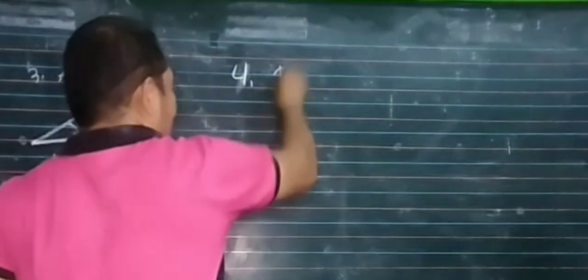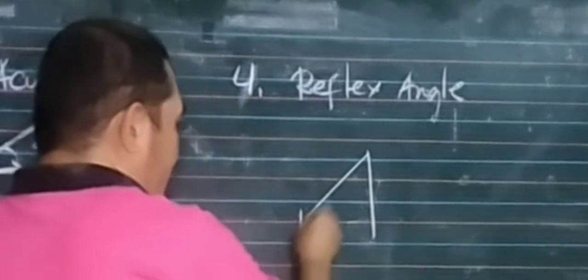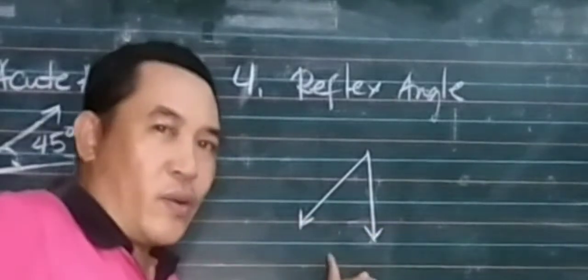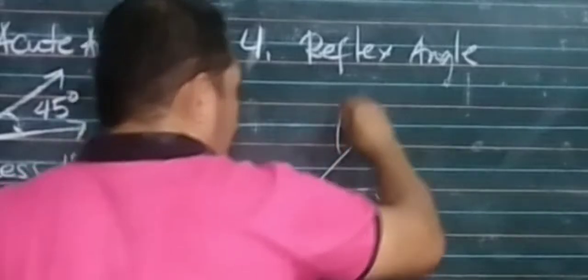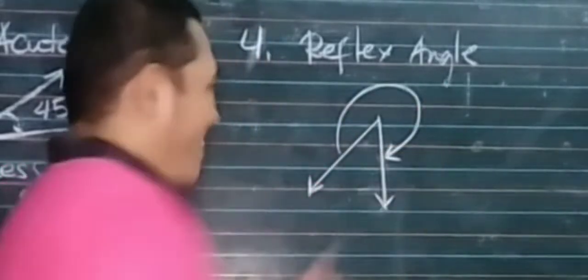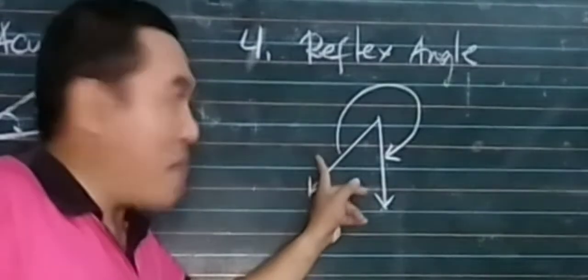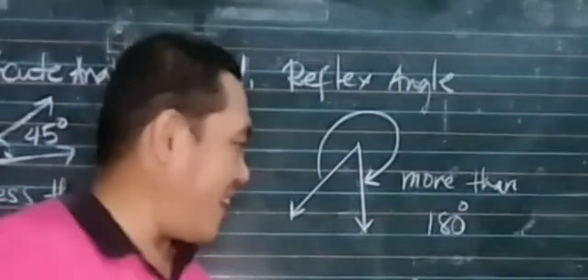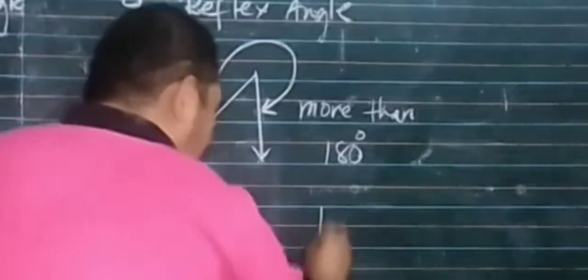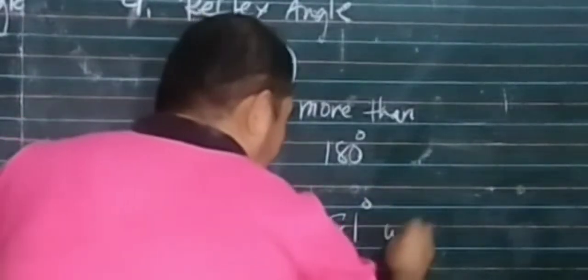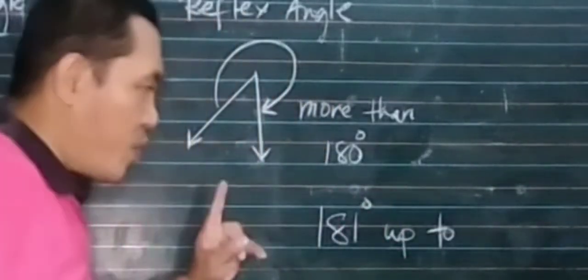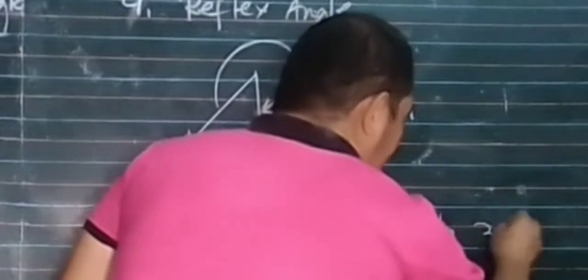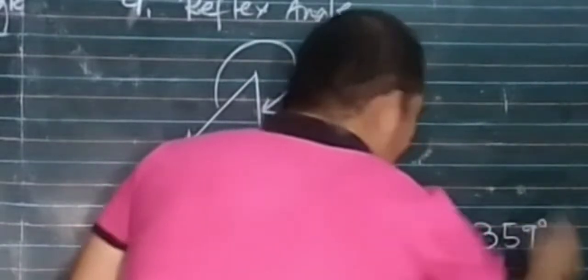A reflex angle is an angle whose measure is coming from the back. The measure of a reflex angle is from 181 degrees up to 359 degrees.